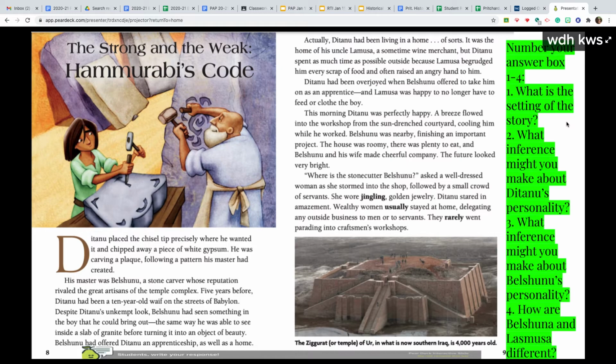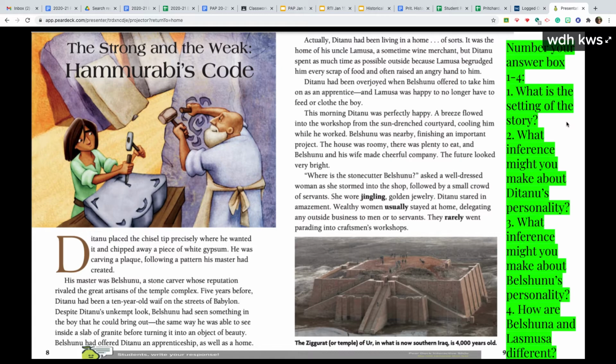What is something that you can gather about his personality from what we know about him so far? Beside number 3, you're making an inference about Belshunu's personality.